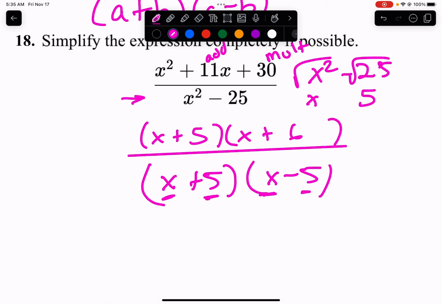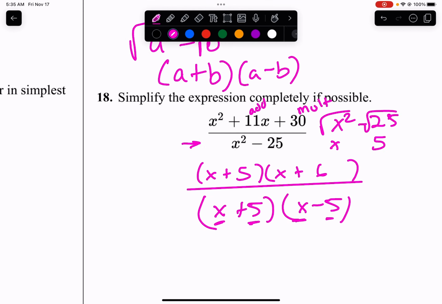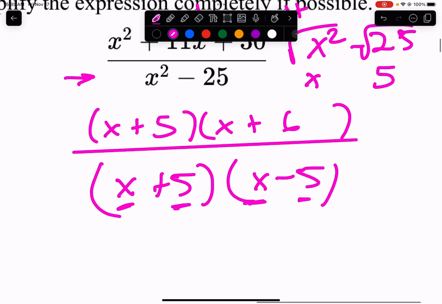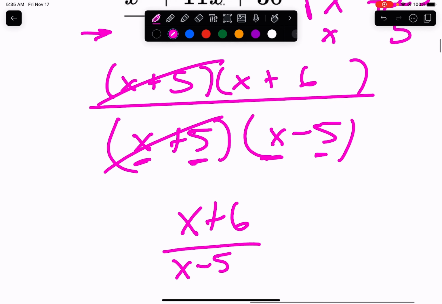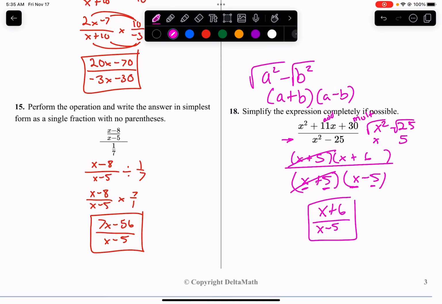Make sure you don't change the order. Whichever one comes first is the one that goes first in the spot, and the one that comes second goes second in the spot. Now, since everything here is being multiplied, when you factor something, those factors all multiply to give you the expression that you had just factored. You can go ahead and cancel out those factors. These guys cancel, and we're then left with x plus 6 and x minus 5. All right, and this would just be our simplified expression.